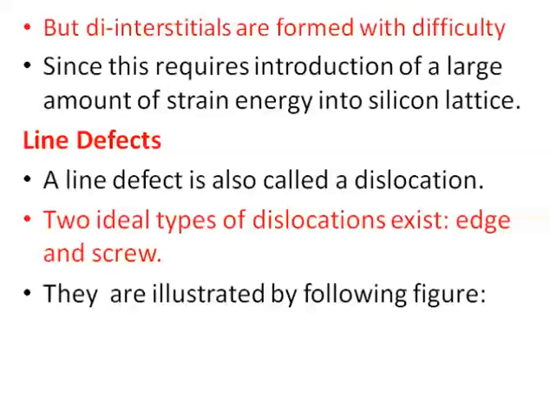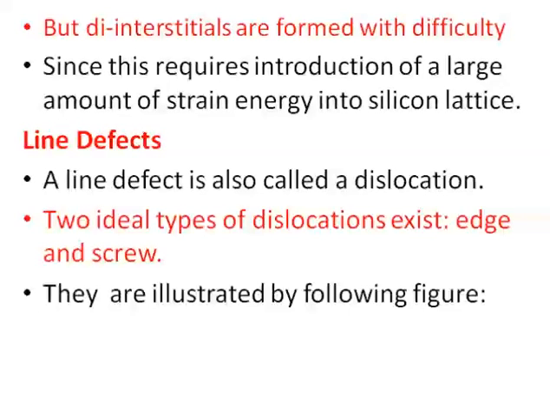Because we have already said that formation of the single interstitial is very difficult, so to form the di is more difficult. So now these are the 2 types of point defects, the vacancy and interstitial.